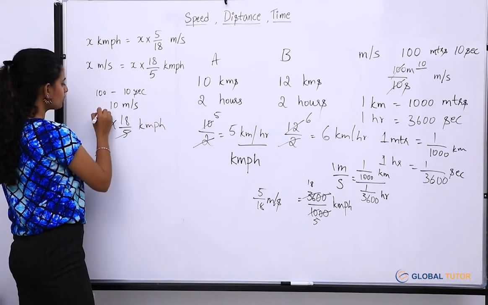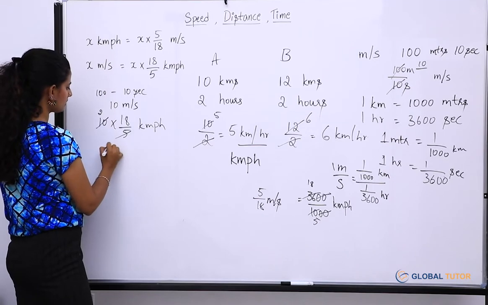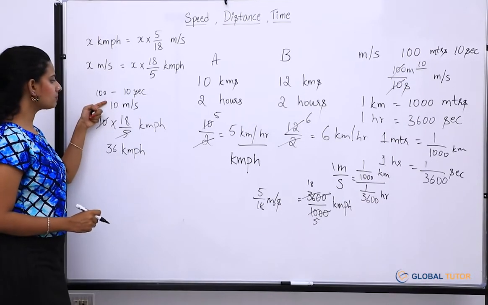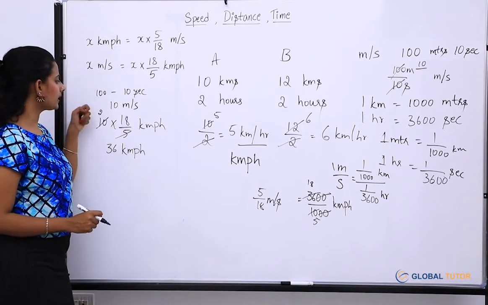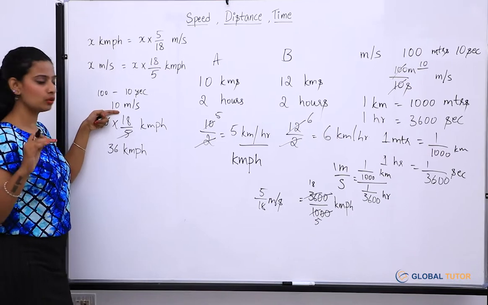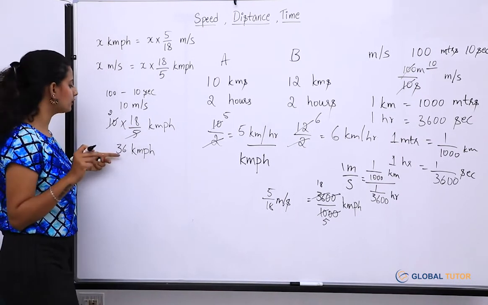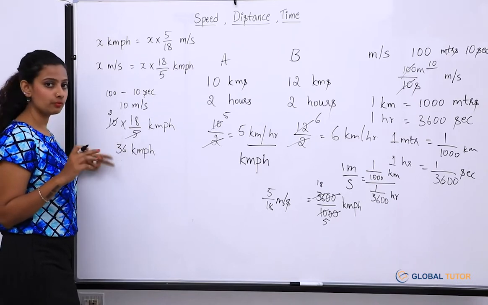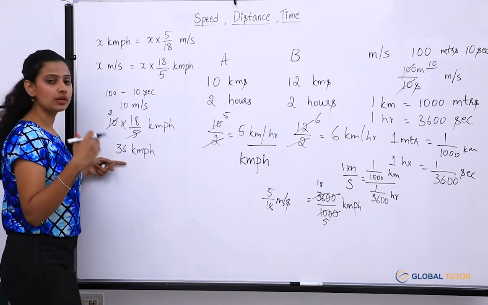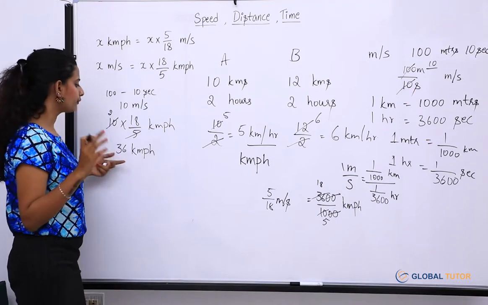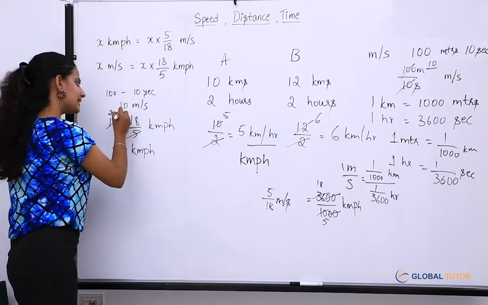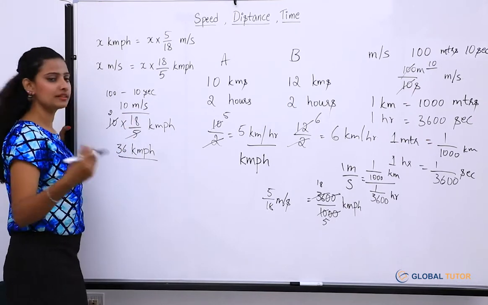So here 5 2's are 10, 18 2's are 36. So 36 kmph. So here if you see, when we mentioned it in meter per second, the value seems lower. But when you mention the same speed in kilometer per hour, the value seems higher. So here speed is the same but expressed in different ways.